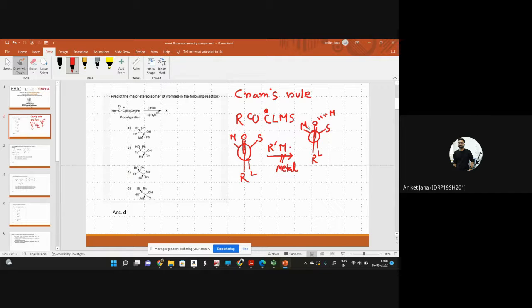The metal is chelating with the carbonyl carbon, and this R dash is the nucleophile. This may attack in this direction, so our product is.